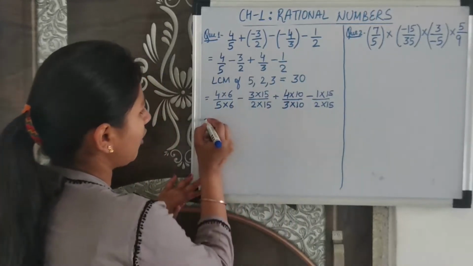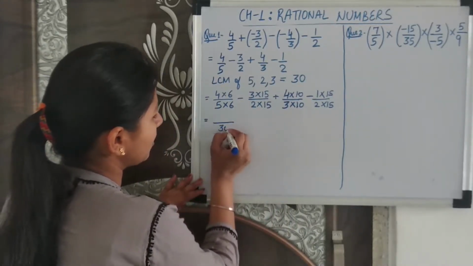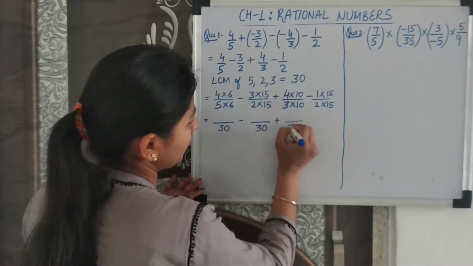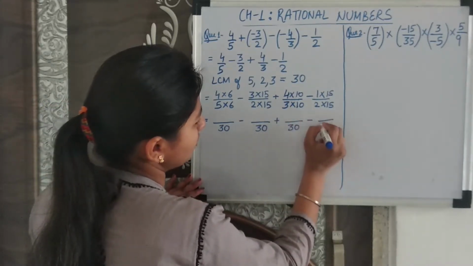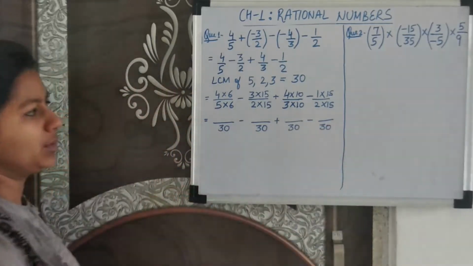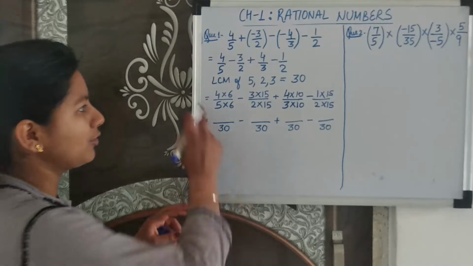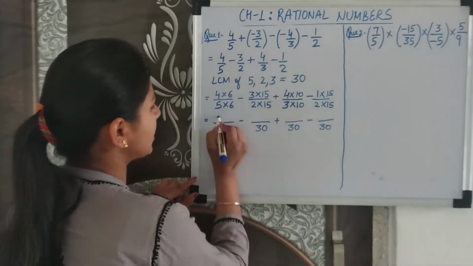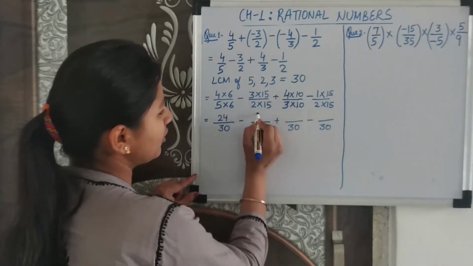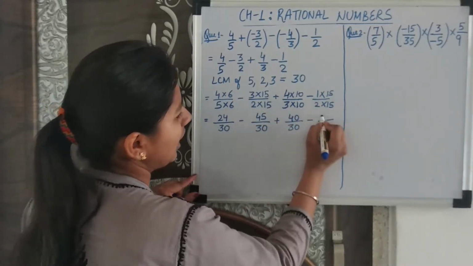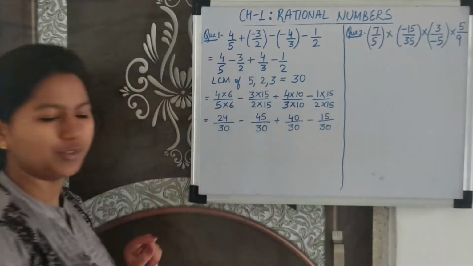So now all denominators will become 30, 30. This was our first step, to make all the denominators the same, equal to the LCM of those denominators. 4 6s are 24, 15 3s are 45, 4 10s are 40, and 1 into 15.